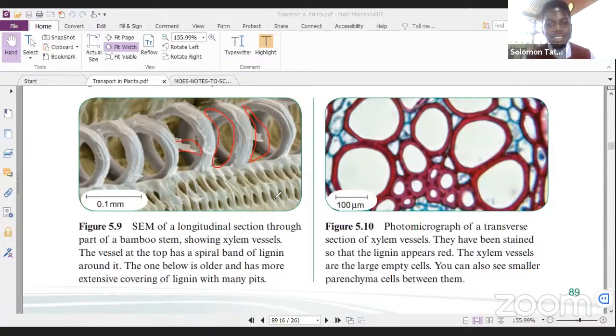This is on a very high magnification. This is why you can see as if there are huge holes. Someone would ask, does the water not pass through and get to the other parts of the plant? Some of it does, but we shall also see that water moves in one stream in the xylem due to the transpiration pull.